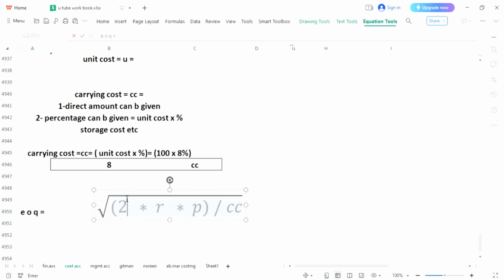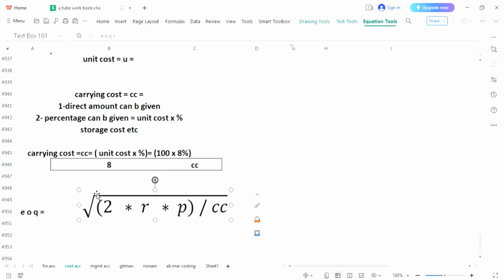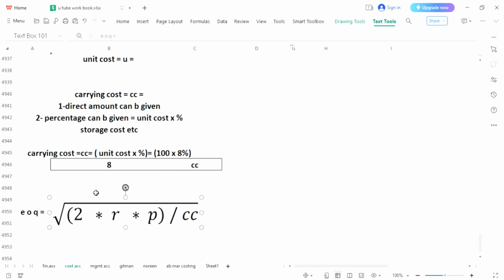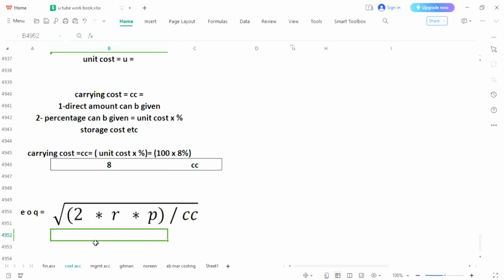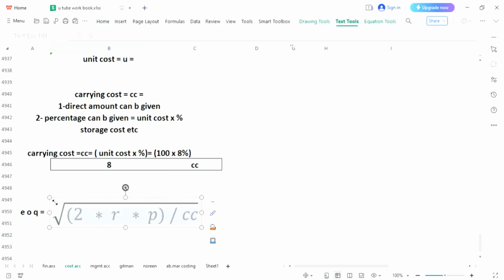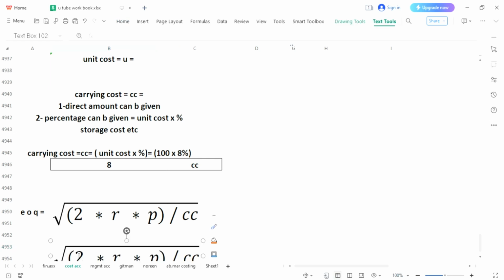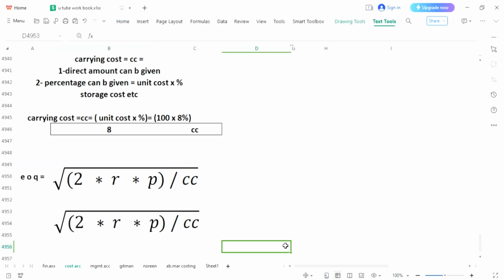And as you have seen, all inputs we have already recognized, and we will be putting amounts in this formula directly. So right now, instead of writing it again, I'm just putting this formula again over here so we can put the amounts directly.